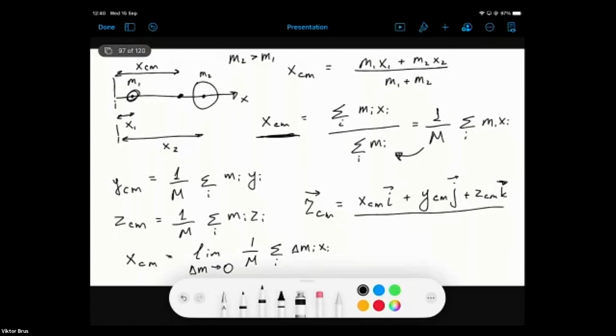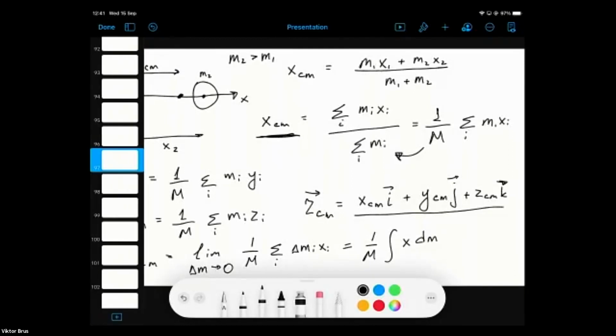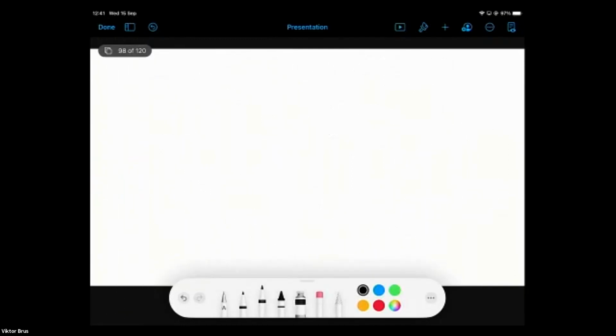We do it for the whole volume of the continuous body and sum it up. In other words, it will be integration, so it will be equal to 1 over total mass, integral of x times dm. We integrate over all the small parts of the continuous body, and that gives us the position of the center of mass along axis x.